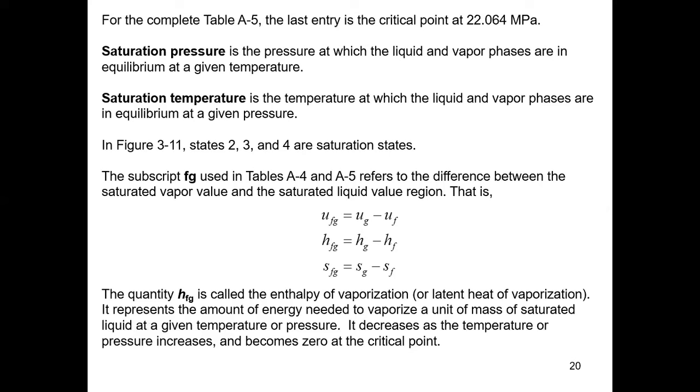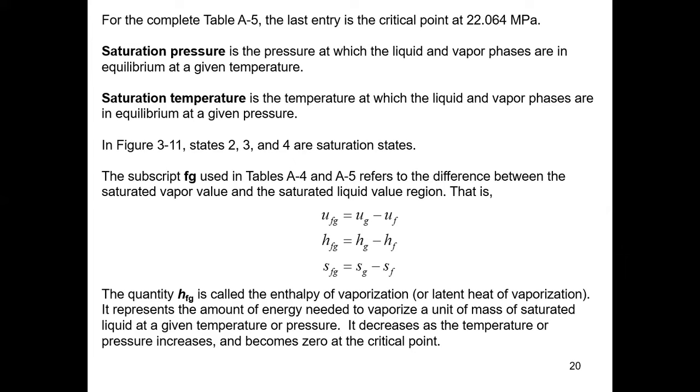Saturation pressure is the pressure at which the liquid and vapor phases are in equilibrium at a given temperature. Saturation temperature is the temperature at which liquid and vapor phases are in equilibrium at a given pressure.